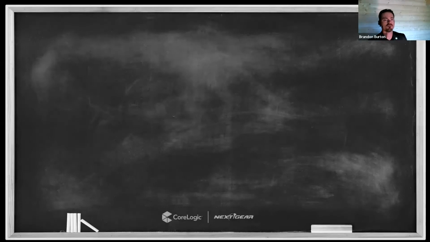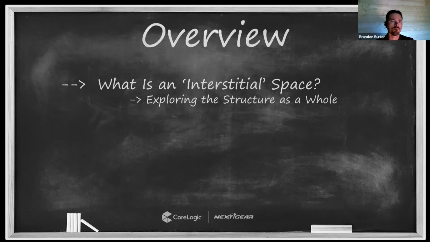With interstitial cavities and talking about how we deal with interstitial spaces, let me first give you an overview of where we'll go. First, I want to make sure that we understand what interstitial means. At a high level, we need to understand the structure as a whole, right? We need to think beyond the visible and what we see when we walk into a space.